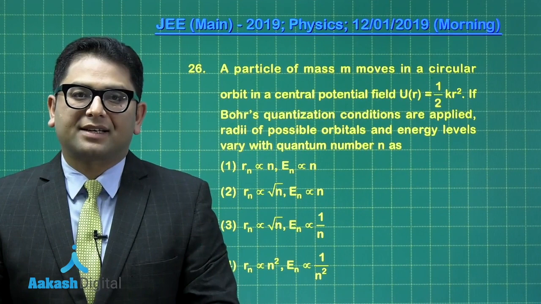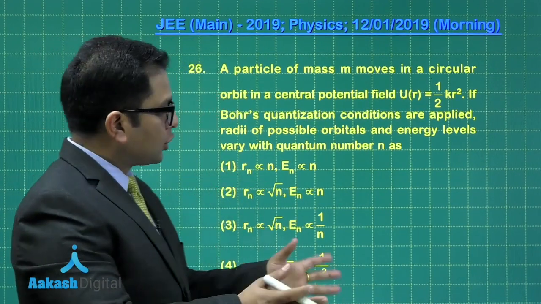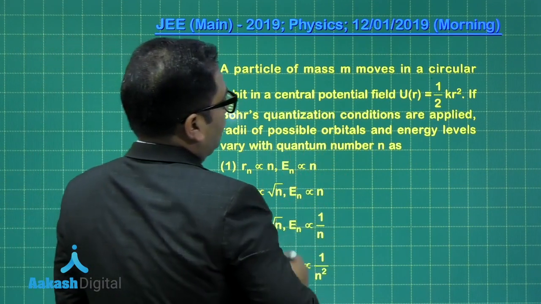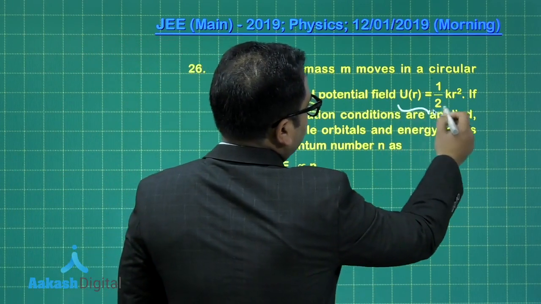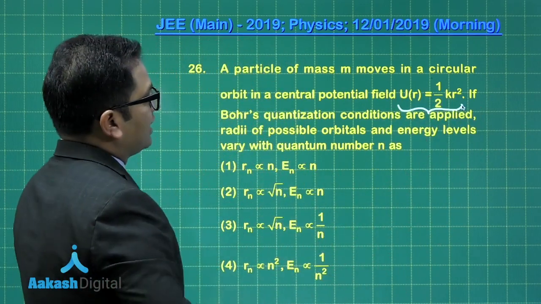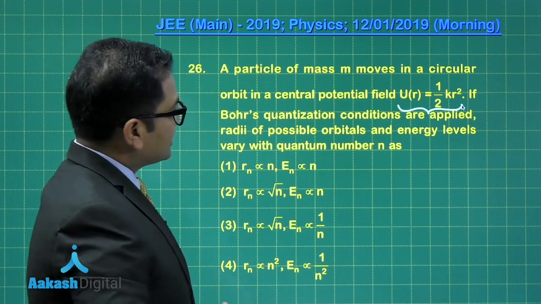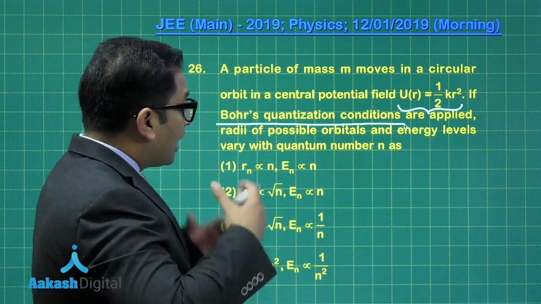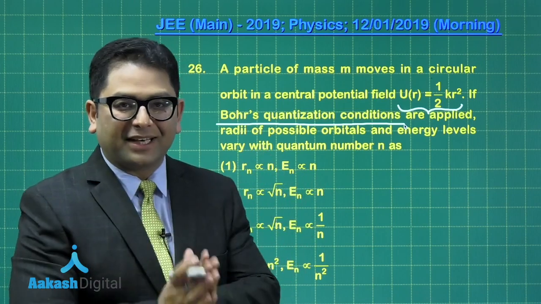Question number 26. A bit of twist in modern physics, and the topic is Bohr's atom. A particle of mass moves in a circular orbit, and there is a different sort of field, but yes, the field is a central potential field. And notice another statement: if Bohr's quantization condition is applied, that means the same original quantization condition is still valid.